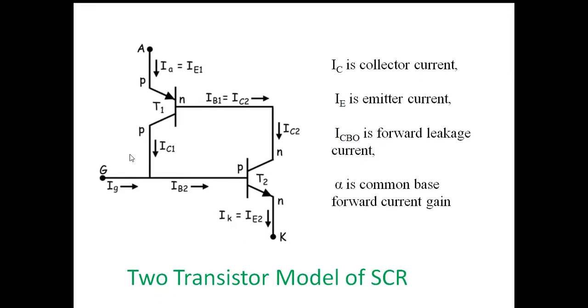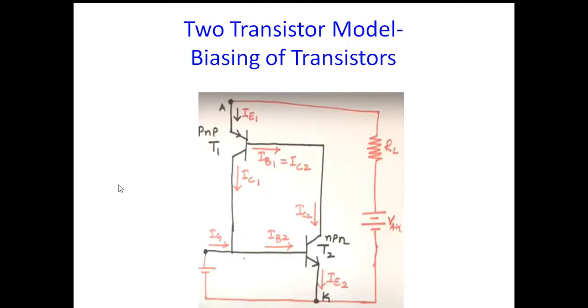This is a PNP transistor and this is another NPN transistor. The base of transistor 1 is connected to the collector of transistor 2, and similarly the collector of transistor 1 is connected to the base of the other transistor. Here A represents the anode terminal, K represents the cathode terminal, and this is the gate signal of the SCR.